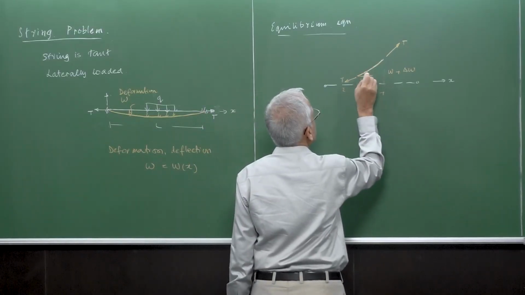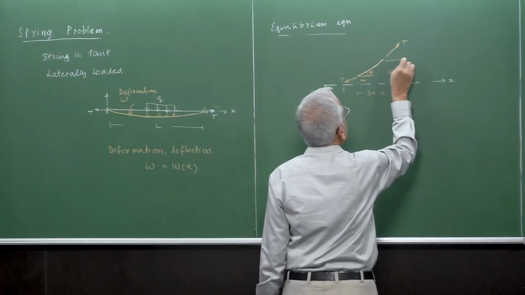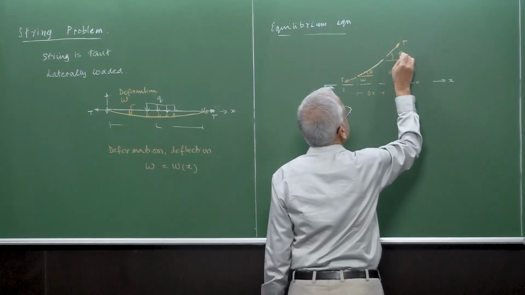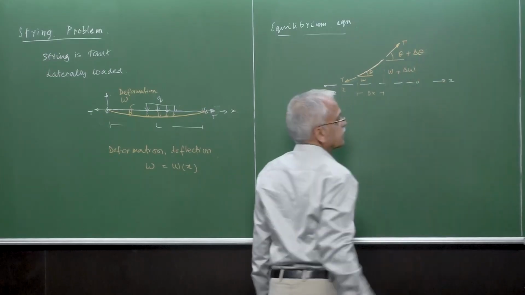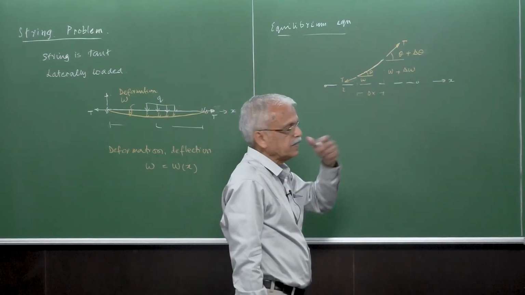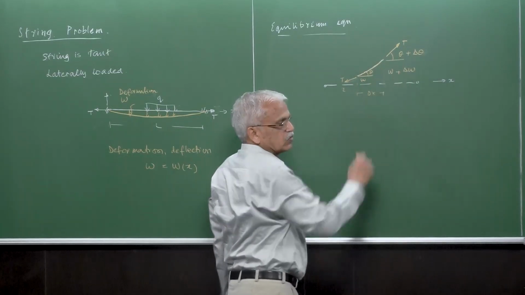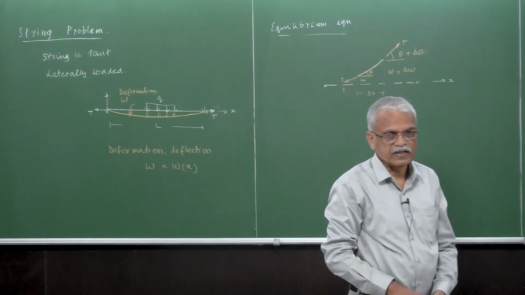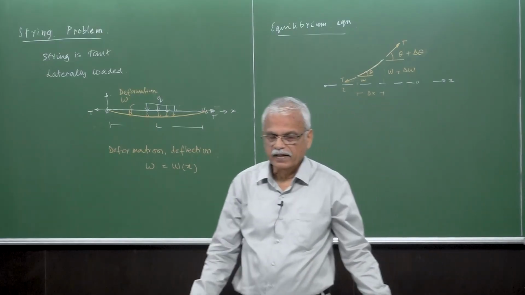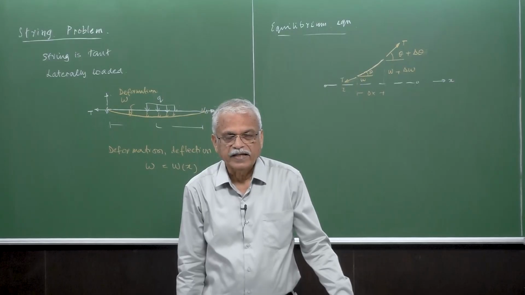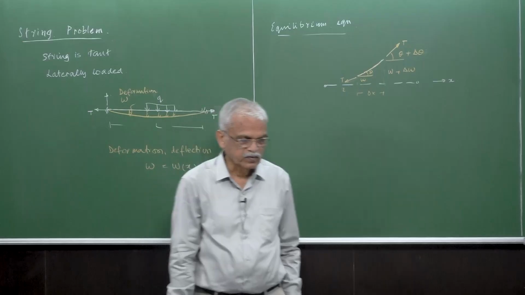In fact, if you call this the deflection, the slope is theta here, and here it is theta plus delta theta. So the slope is changing by a small quantity, delta theta. We know the slope is related to the actual deflection, so theta is given by dw by dx. The derivative of w will give you the slope theta.